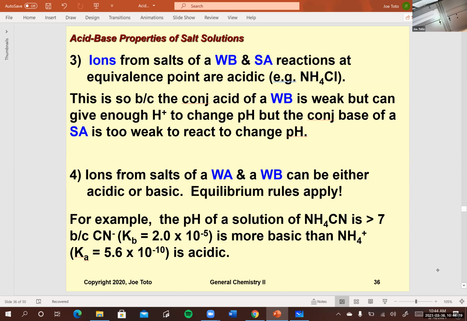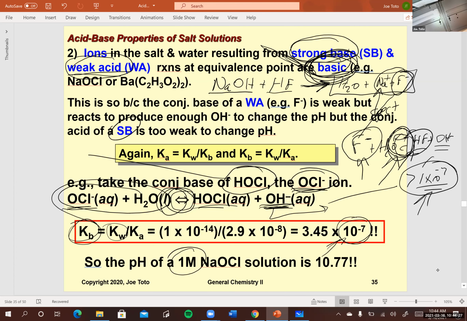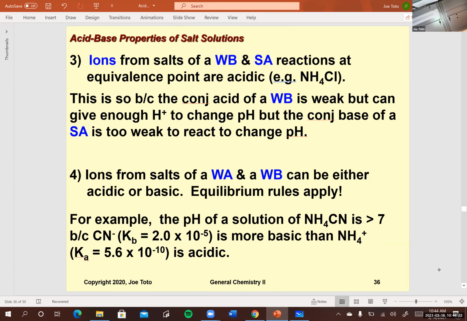All right, then we move to the third example, a weak base and a strong acid. Remember, a strong base and a weak acid gives salty water. Now we have a weak base and a strong acid, again, that gives salty water. And we can ignore the conjugate base from the strong acid, but the conjugate acid from the weak base is going to lead this solution to be acidic.